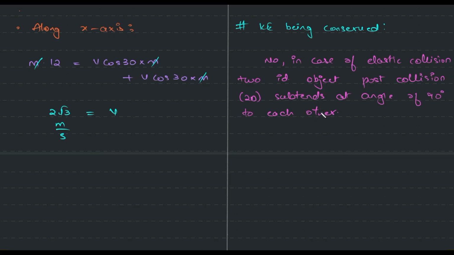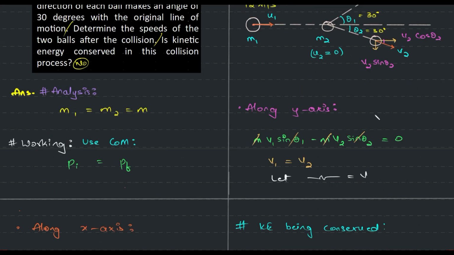So which is not the case over here, right? And so they are not an elastic collision. So they are an inelastic collision, and in an inelastic collision, the kinetic energy is not conserved. That's it.